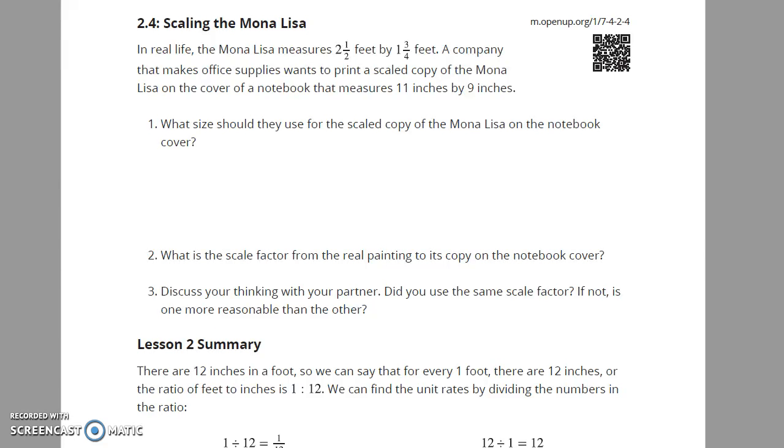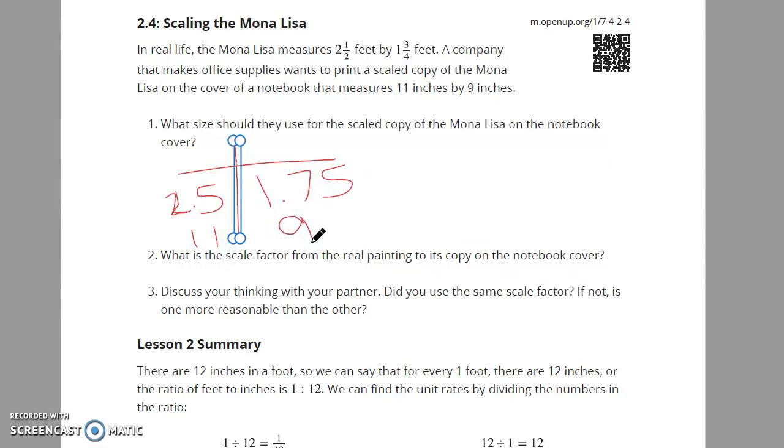So, remember we always created those tables where we had feet, or no, we don't want feet. But we created those scale tables where we had what? 2.5 to 1.75, and then we could do 11 to 9.